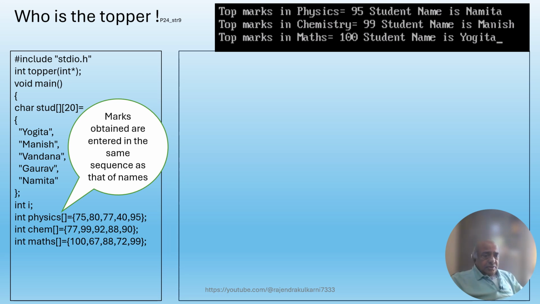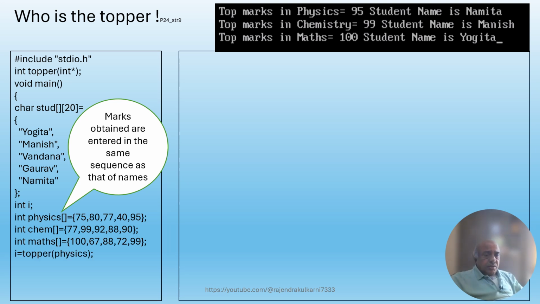Then we have declared 3 numeric arrays named physics, chem and maths. See, one-dimensional numeric arrays, each assigned with the marks obtained by these 5 students in physics, chemistry and maths. Marks obtained are entered in the same sequence as that of names in the 3 1D arrays of ints.